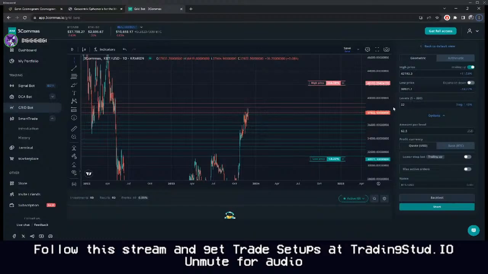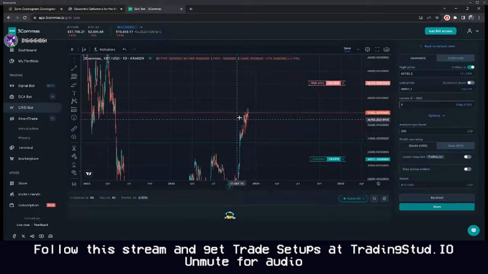So right now with 22 grids, you're at a 1.5% step. What if we just put 5 grids in it? We're looking at an 8% step. So you're going to buy on the way down, or sell on the way up.